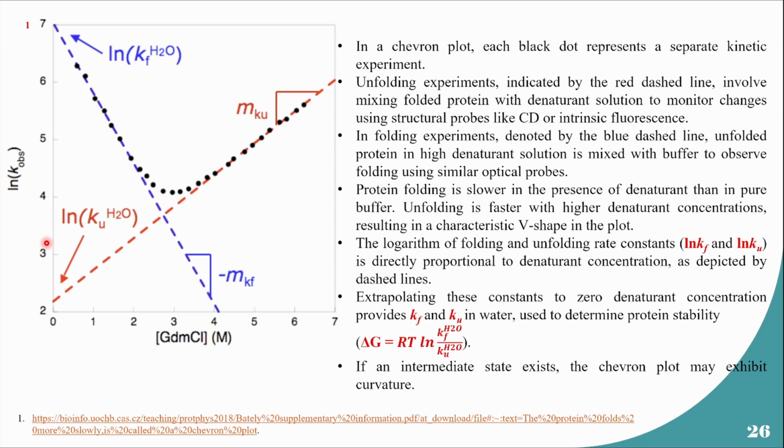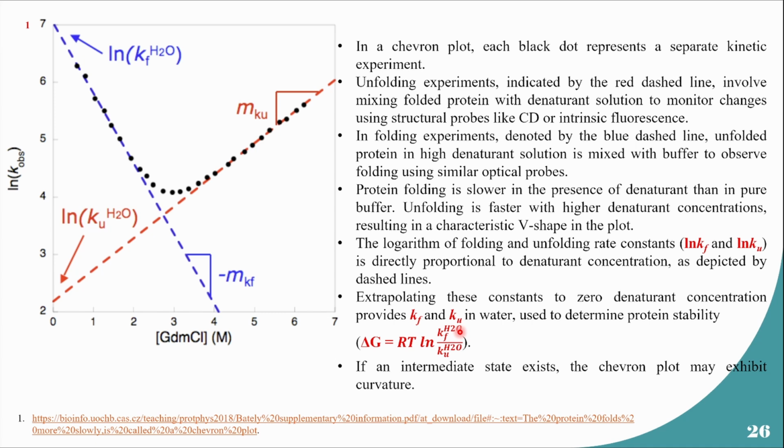So at zero denaturant concentration, you can extrapolate the data for the folding as well as the unfolding rates, and you can use that to basically get this Kf and Ku, and you can use that to calculate a free energy change, basically. So here we will see Kf of H2O. So H2O means the rate in water.